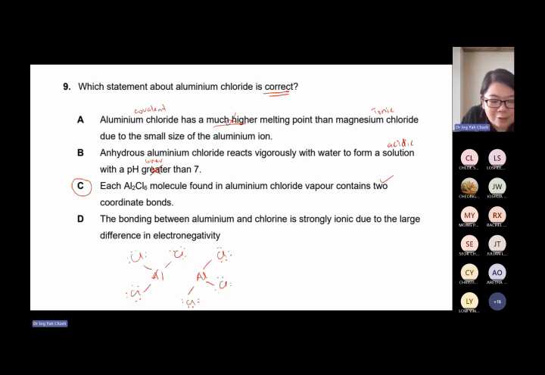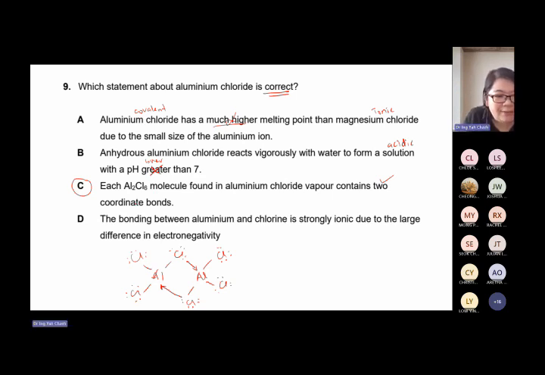So Cl can donate one of its lone pair electrons to aluminium, because aluminium has only 6 electrons around it. It is electron deficient. The same goes for this aluminium with this chloride. So between the two AlCl3 molecules in Al2Cl6, there are 2 coordinate bonds.